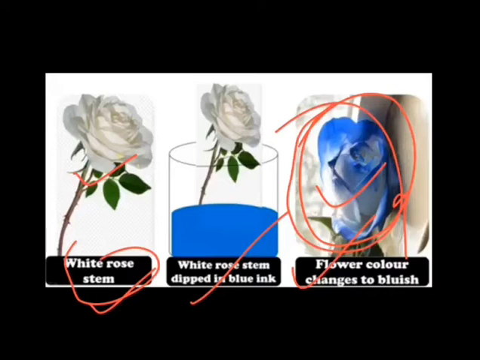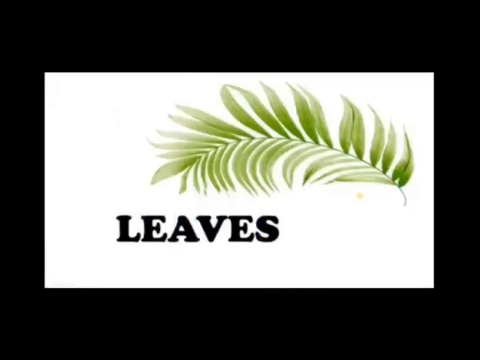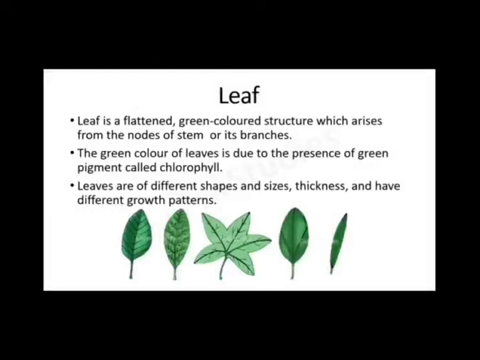Let's move forward. Now we have discussed the stem. The next part of the shoot system is leaves. Okay, now we will discuss the leaves. So what is a leaf? A leaf is a flattened green colored structure which arises from the nodes of the stem or its branches.